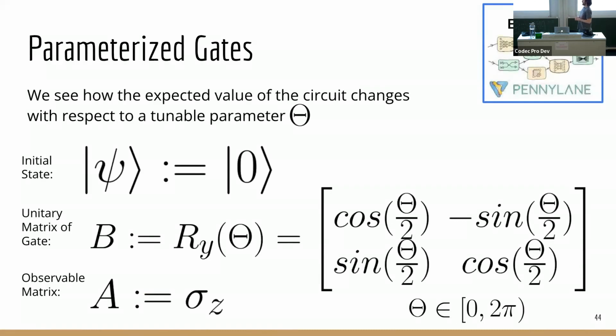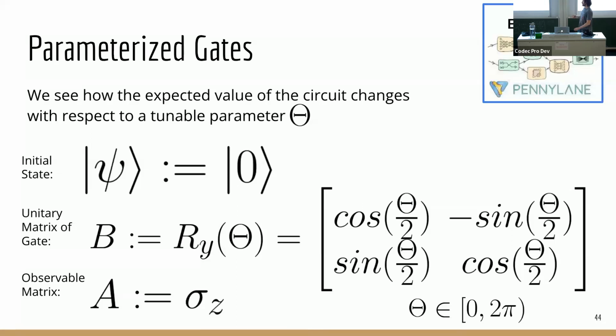Okay, I want to now expand a little bit on this idea of quantum gates and introduce parameterized gates to you. So instead of having a gate that's just a set transformation, perhaps we can change the qubit state gradually with respect to some parameter that we can tune on the quantum circuit.